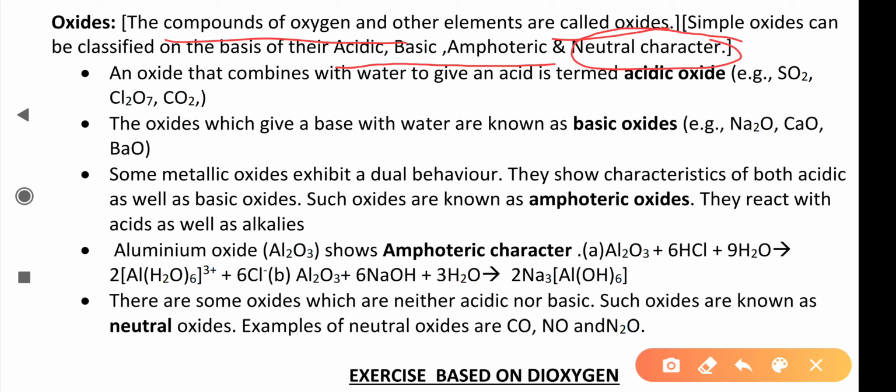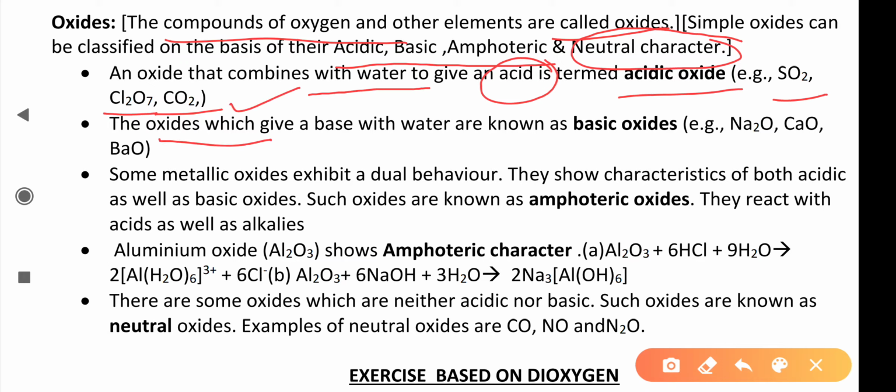Oxides which react with water to give an acid are known as acidic oxides, like SO2, CO2, Cl2O7. When these react with water, they form acids: SO2 will form H2SO3, CO2 will form H2CO3, sulfurous acid, carbonic acid, and similarly the others form hypochlorous acid, chlorous acid, chloric acid. These compounds will form acids.